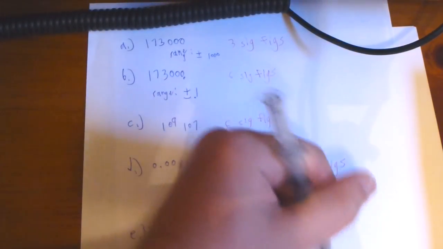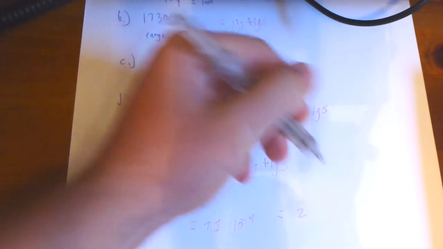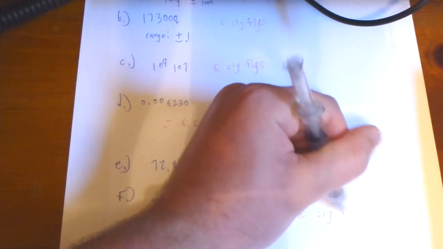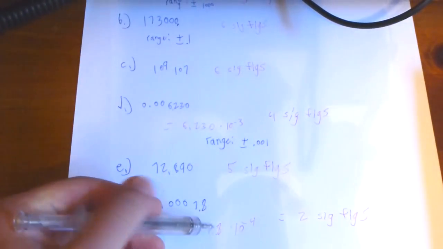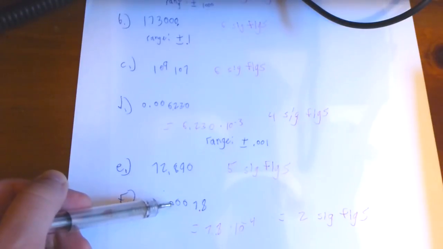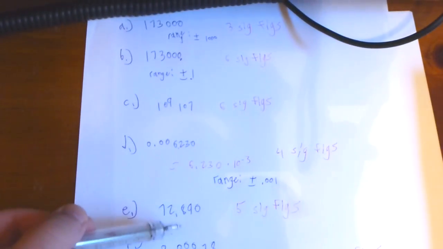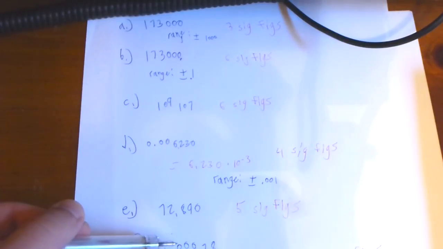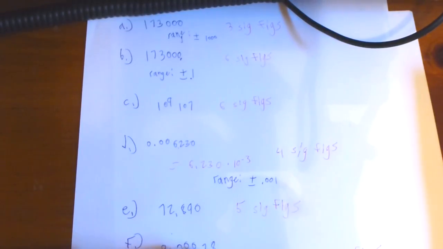This is 2 sig figs. 1, 2. Don't count these, they are placeholders. Count the zeros that come in between integer numbers, I guess you would call them, and the decimal are not significant because they're placeholders for scientific notation, or 10 to the power n, shall we say.